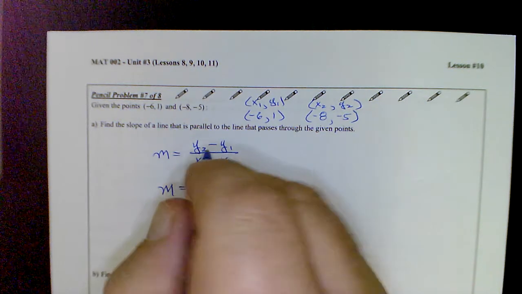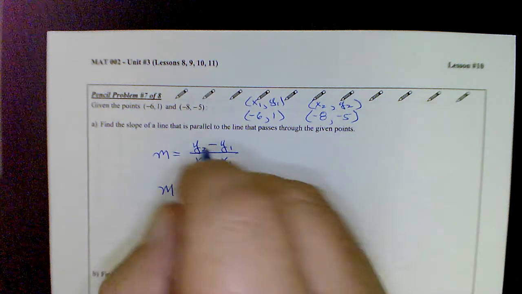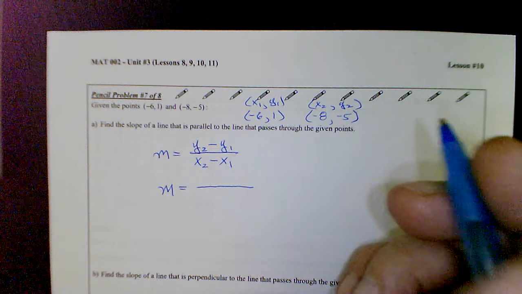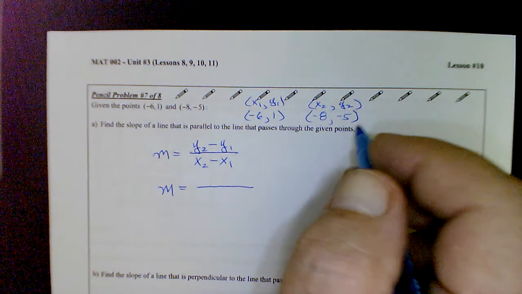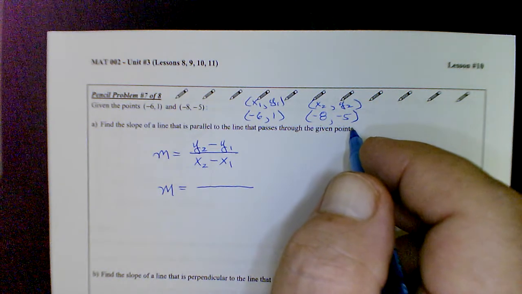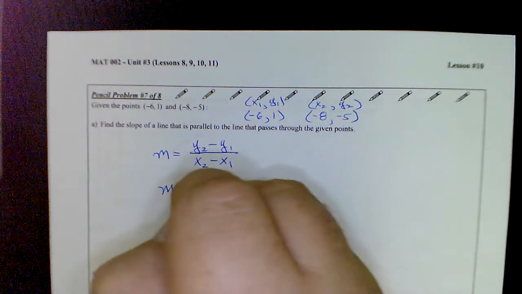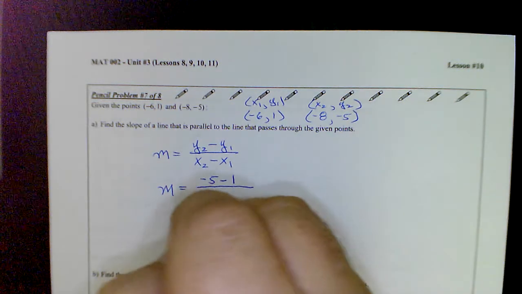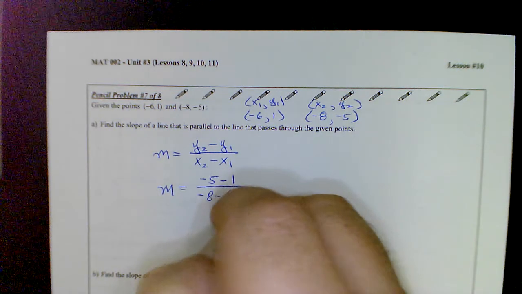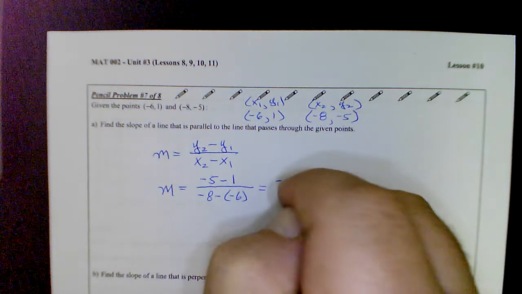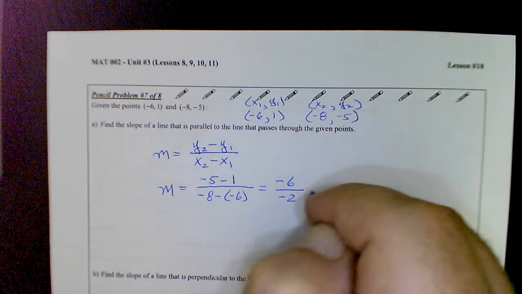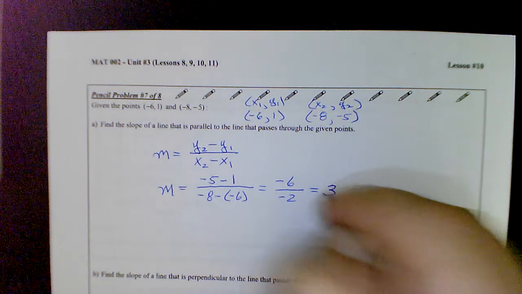A lot of people will write a y and then a normal size 2. It's a smaller 2 to the lower right subscript. Okay, plugging in to the formula, we have minus 5 minus 1 over minus 8 minus 6. So that gives negative 6 over negative 2, which would be positive 3.